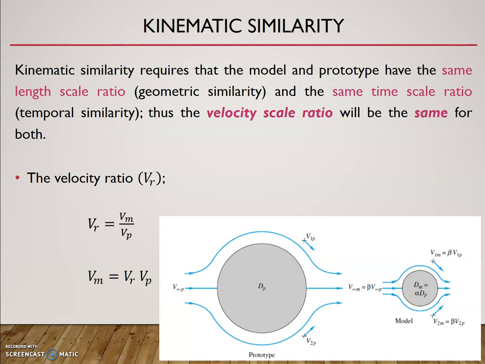At a particular location, the model velocity is equal to the velocity ratio times the prototype velocity. To satisfy kinematic similarity, it is essential to satisfy geometric similarity. Geometric similarity is the similarity of the dimensions of model and prototype, and kinematic similarity is the similarity of the velocity between model and prototype.